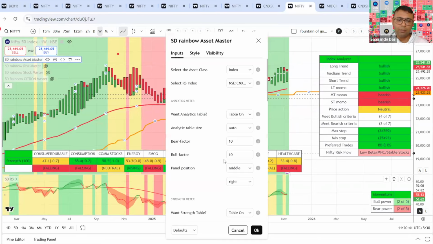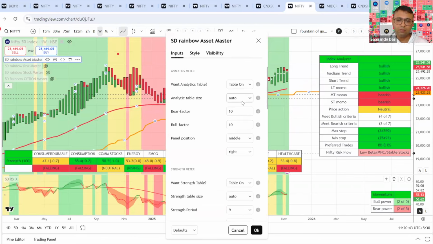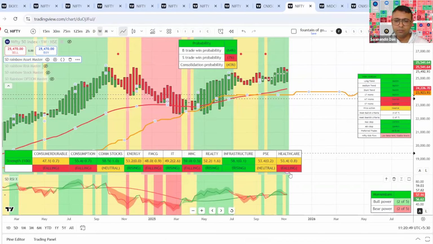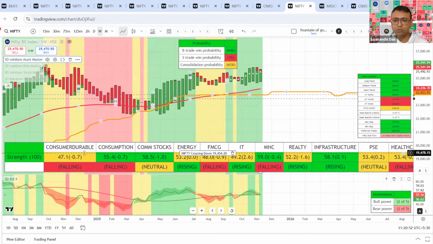Looking at the lower meter, just a moment. I can see consumer durables, healthcare, PSE are not among the strongest right now. Some strength comeback I can see in the IT segment.